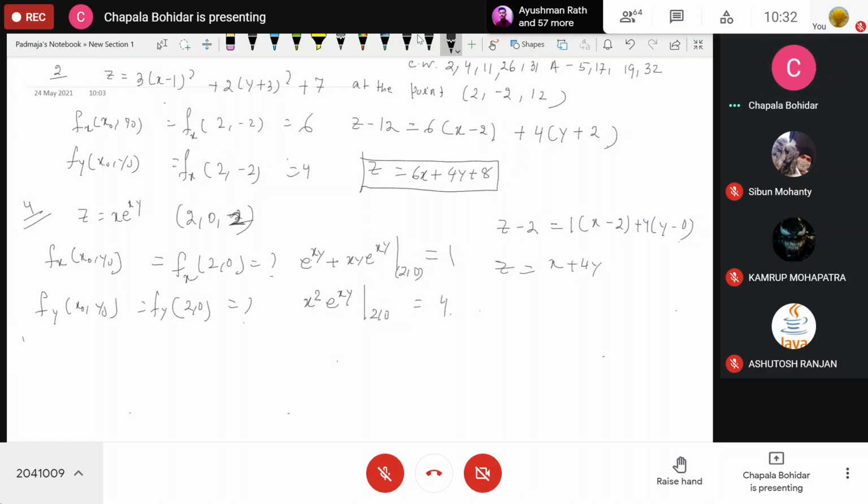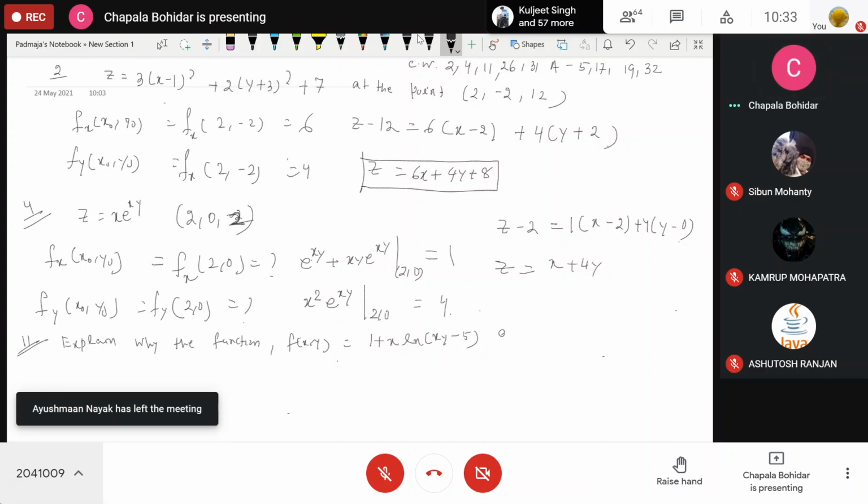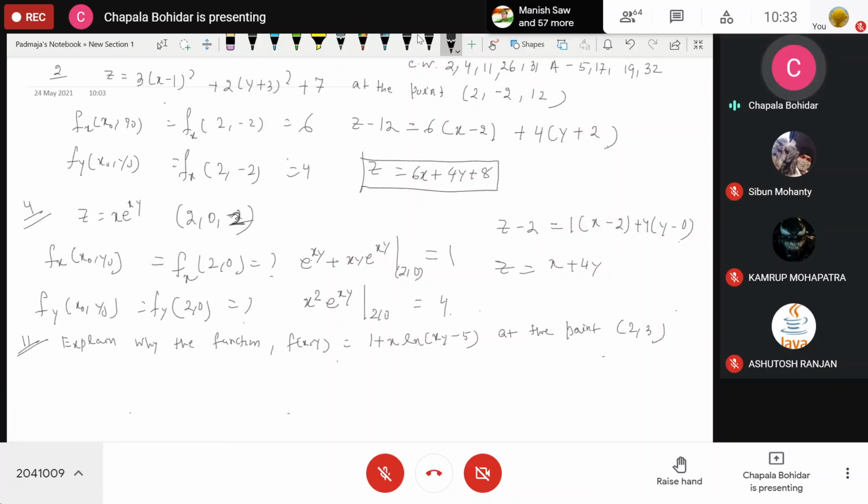Then question number 11. 11, 26, 31. Explain why the function at the point 2, 3 is differentiable.